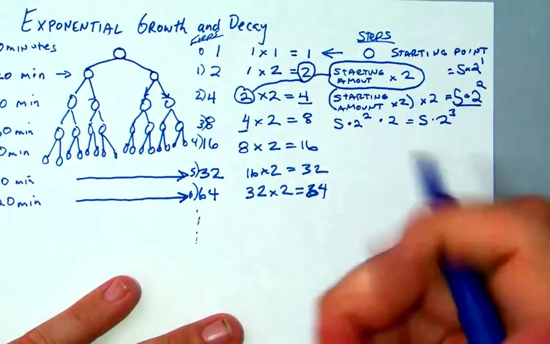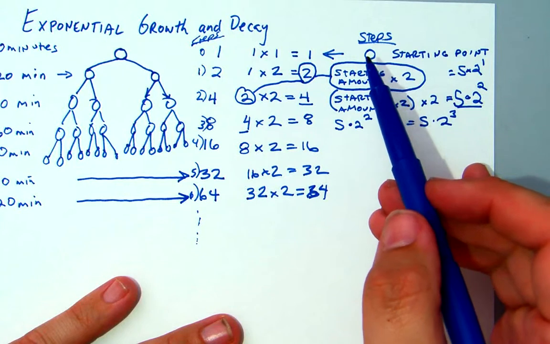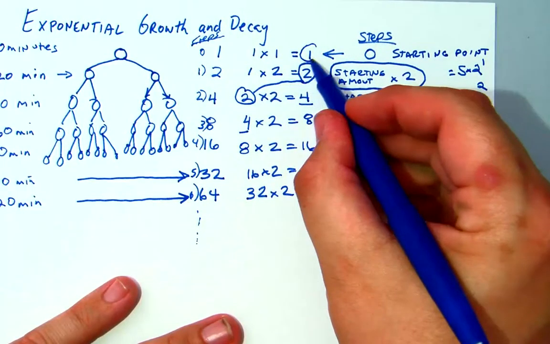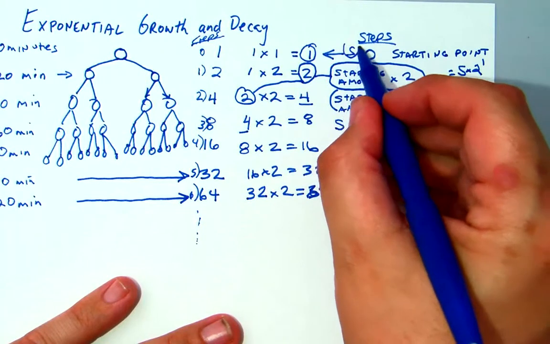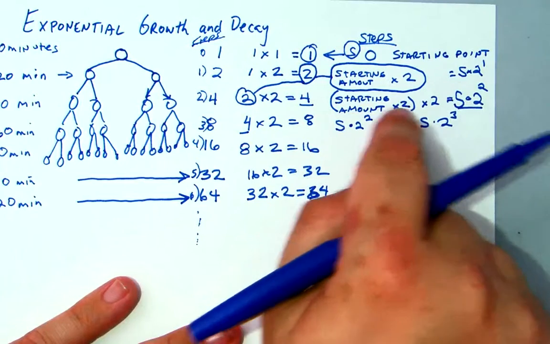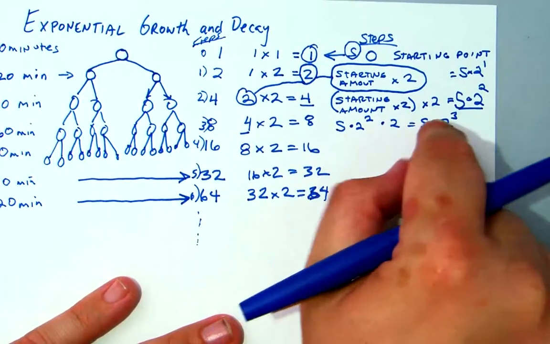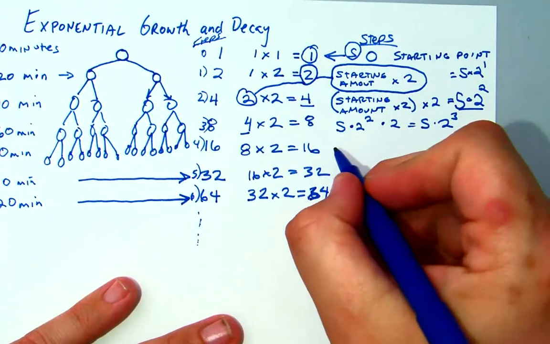Now, let's take a look if we can see a pattern. For step 0, I actually only have 1. And that's just S. So that's our starting point, that's our starting amount. That's the amount that I had. And then I use that starting amount times 2, 2 to the first power. Starting amount times 2, that's 2 squared. Now I get 2 cubed in step 3. What do you think I'm going to get in step 4?